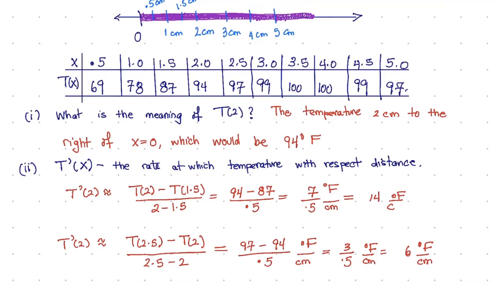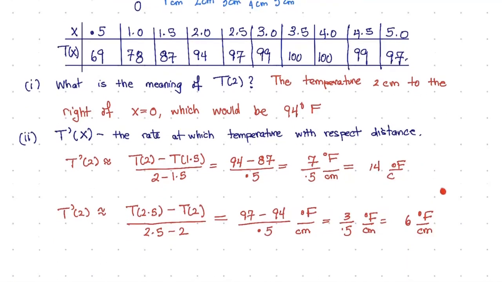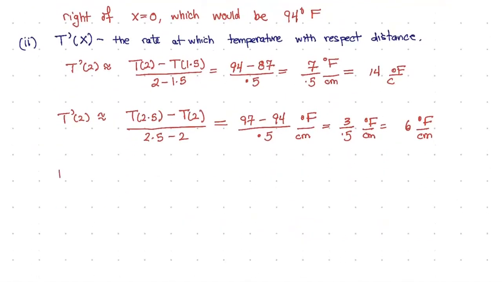So since we have two different measurements of the temperature at approximately 2, we can average them, and so we could say that our T prime of 2 averaged could certainly be 14 plus 6 divided by 2 to get a central difference, and this would be 20 over 2, or 10 degrees Fahrenheit per centimeter.